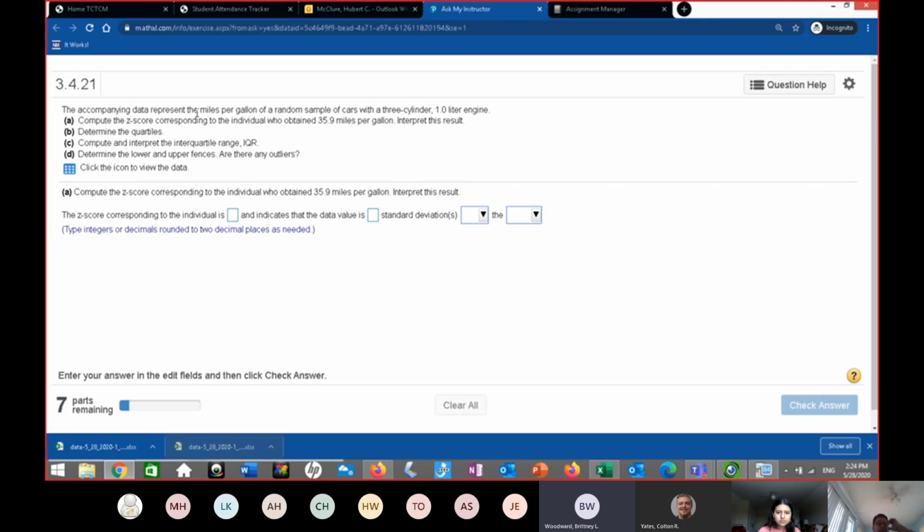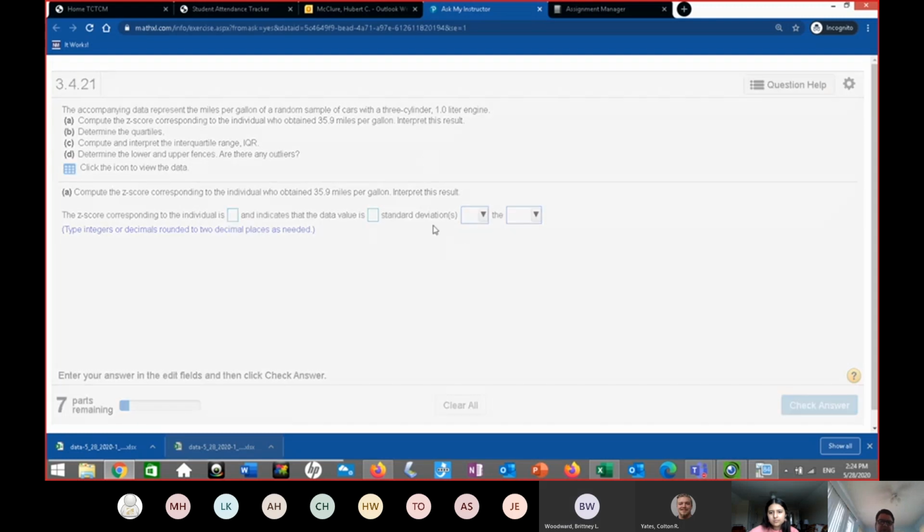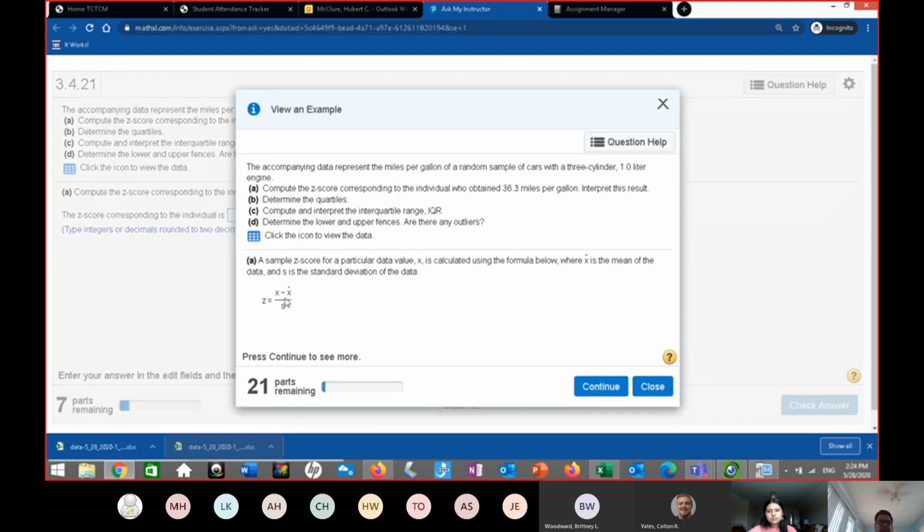Okay, I don't have a problem with this one. I do have a problem with how they don't give you a mean and a standard deviation. Usually, they give you a mean and a standard deviation. They have to, because the formula needs the mean.